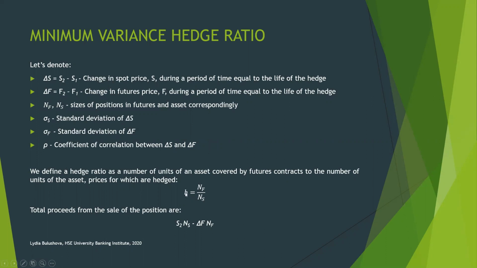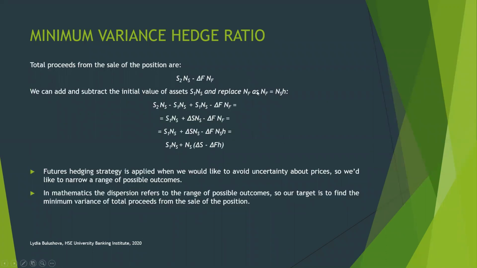We can use it here and express the number of futures contracts as the number of units of assets multiplied by the hedge ratio. As we're willing to determine the hedge ratio, that's why we're introducing this H here. So everything is quite simple.